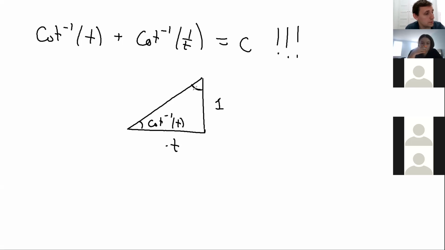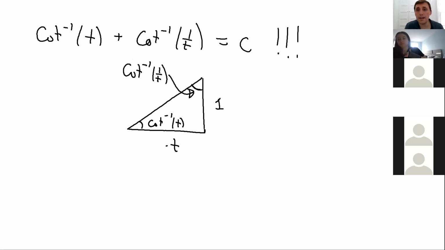So this angle is cotangent inverse t. And what is this other angle then? Look at it, cotangent of an angle is adjacent over opposite. So this would be cotangent inverse 1 over t.